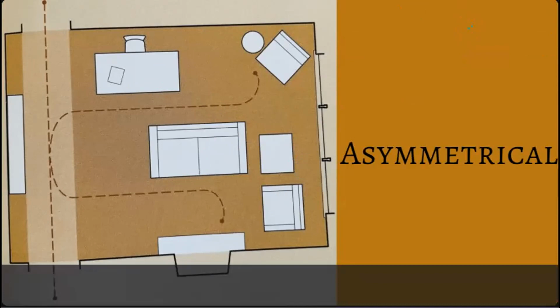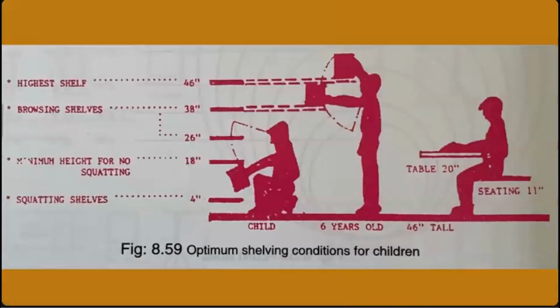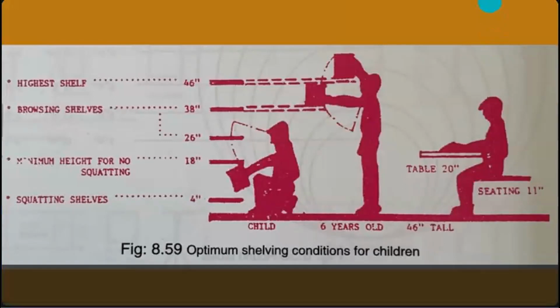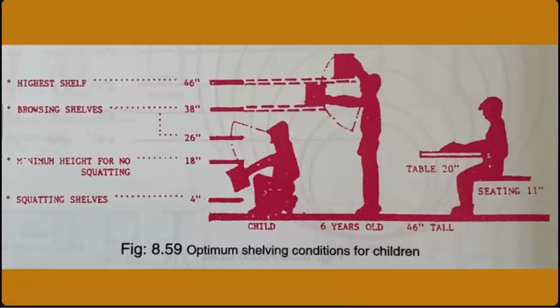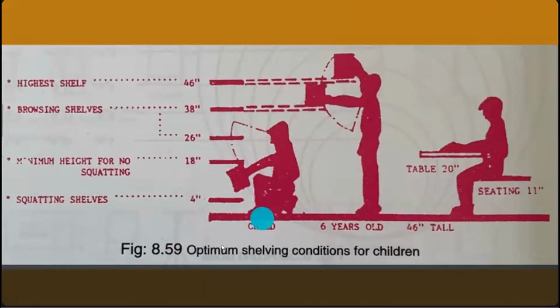So now I will explain study rooms, what should be the ideal heights, like for kids. This is for a children's study area. For a children's study area, the height of the table should not be more than 20 inches, and the sitting should not be more than 11 inches.